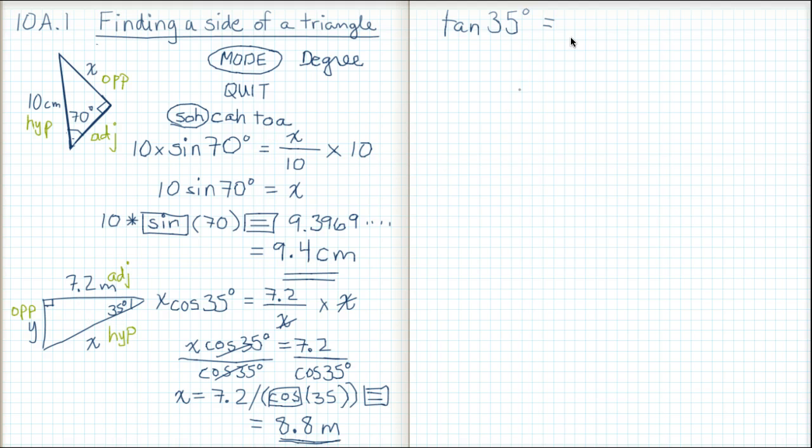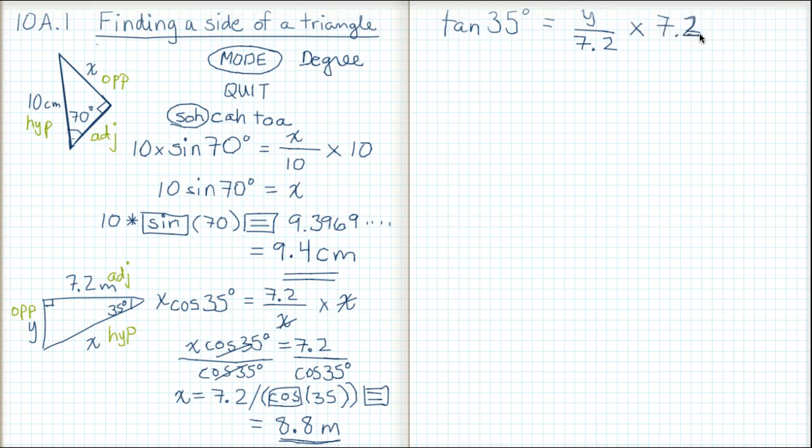So I go y over the adjacent, which is 7.2. And there again I have the easier format. The thing I want is in the numerator already, so I can multiply both sides by 7.2.